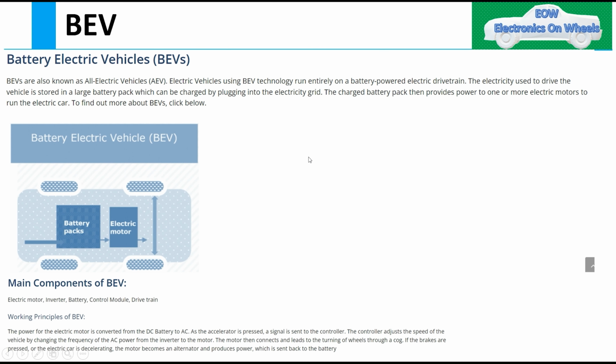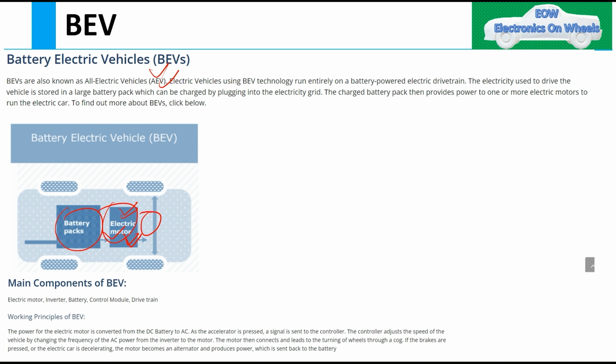So moving further, we will start with the BEV. BEV is also known as all electric vehicles. Because you do not have anything else, you have just battery pack and then electric motor. So the entire BEV will be powered by the electric drivetrain, that would be electric motor.